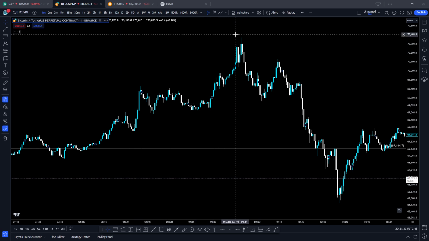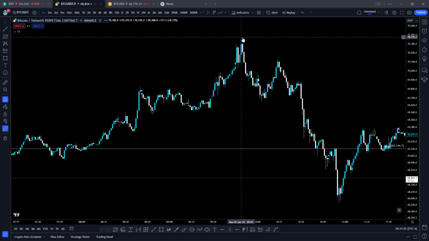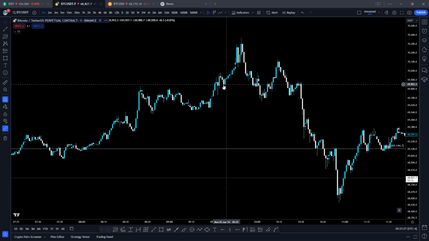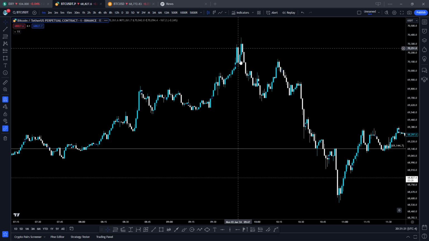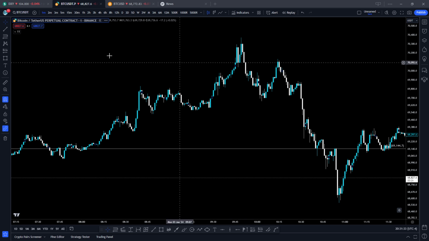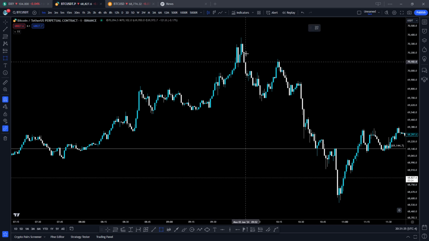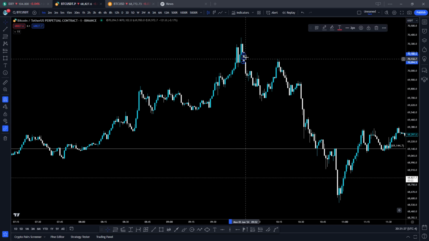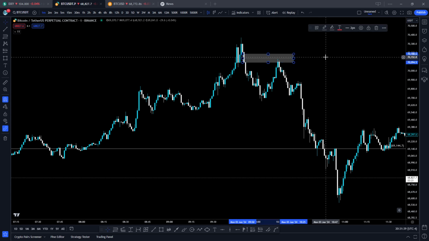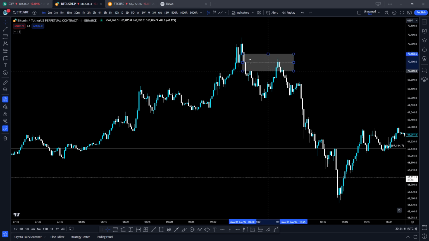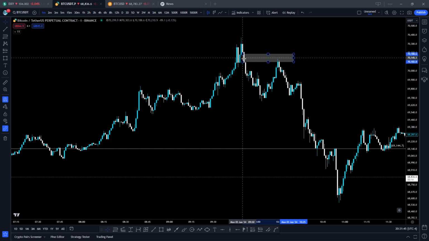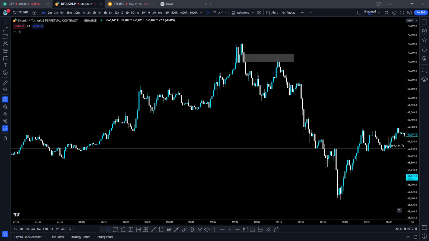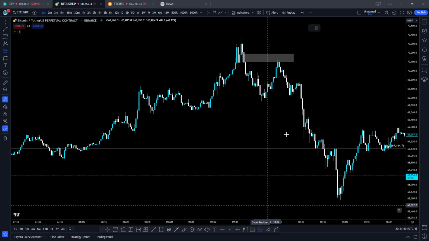Then you have the break to the upside, the run on liquidity, and then the pull back, breaking internal lows. Did we create a fair value gap in here? Yes, we did. So if we do create a fair value gap on that leg that broke the lows, then we want to play off of that fair value gap. That's the one we want to use. And then we just manage our risk after that.